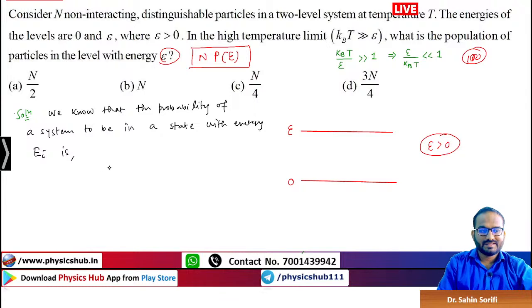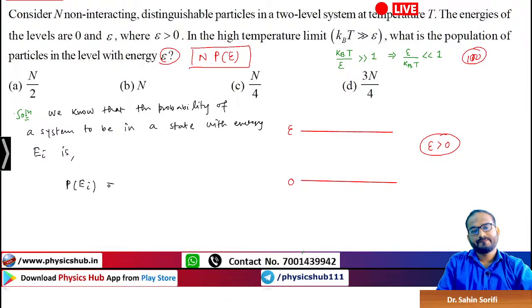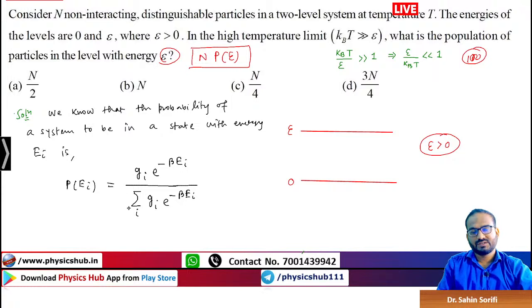Obviously this is the discrete case, so we are going to use this formula: g_i e to the power minus beta E_i divided by the sum over g_i e to the power minus beta E_i. Here there is no summation in the numerator. You can check the formula.